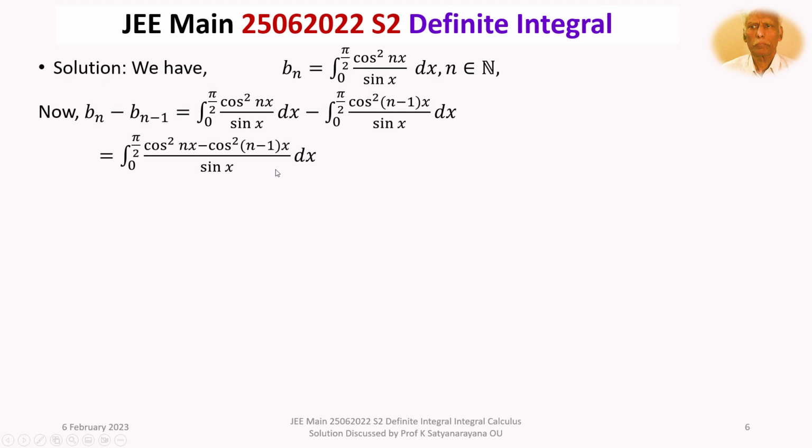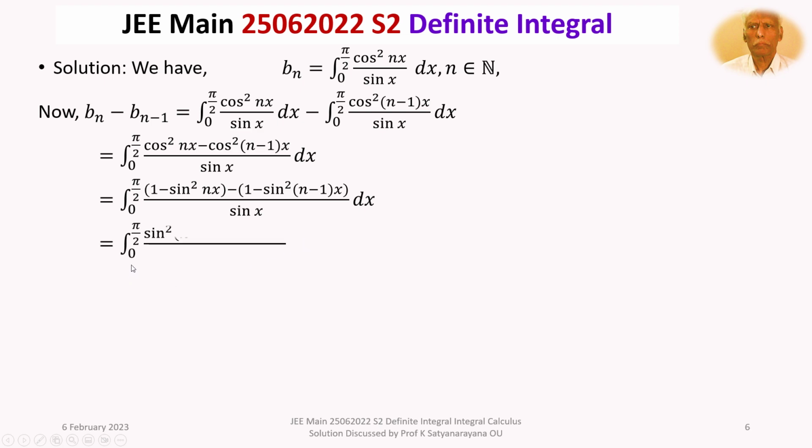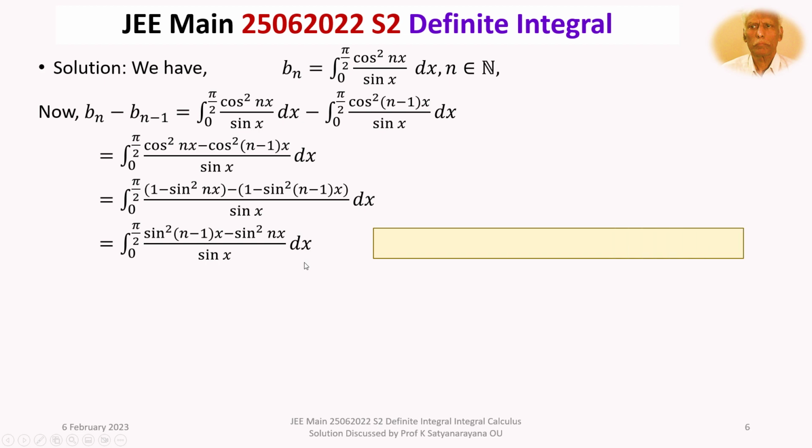So what we do is, for cos square nx, we write 1 minus sin square nx, minus, for cos square n minus 1 x, we write 1 minus sin square n minus 1 x, and 1 cancels, and we get the integral 0 to pi by 2 of sin square n minus 1 x minus sin square nx by sin x dx. Now recall the formula: sin square a minus sin square b is equal to sin of a plus b into sin of a minus b.